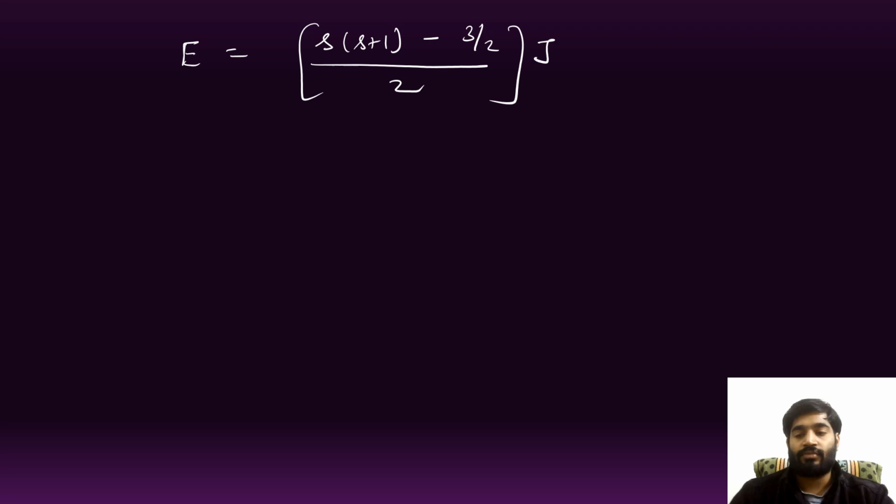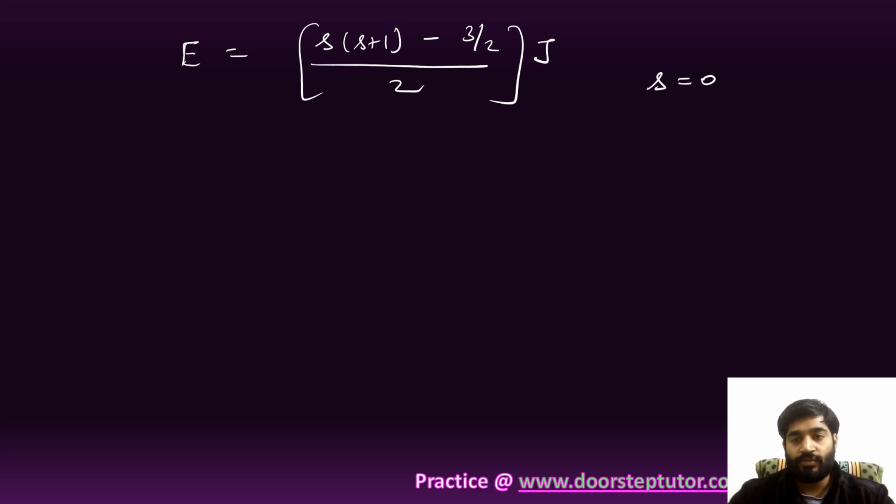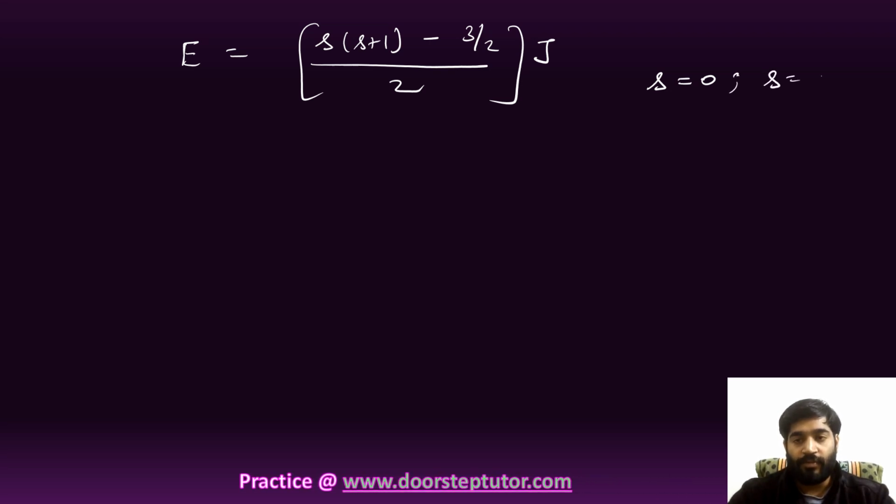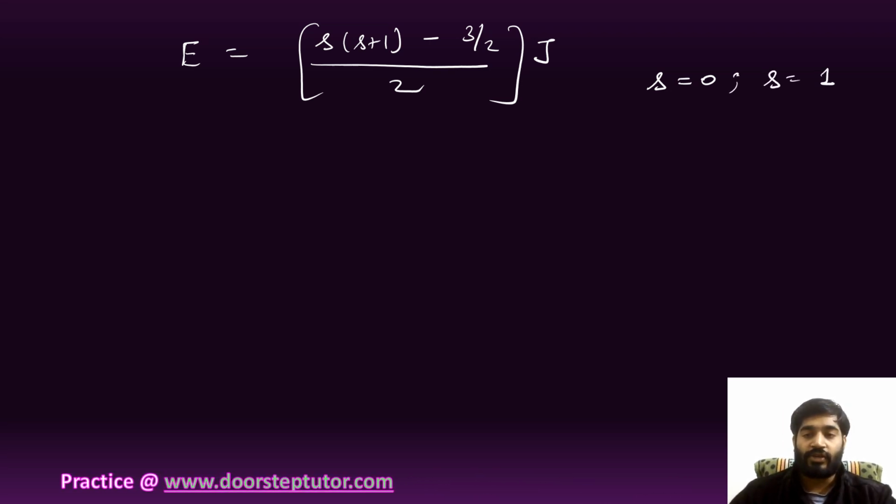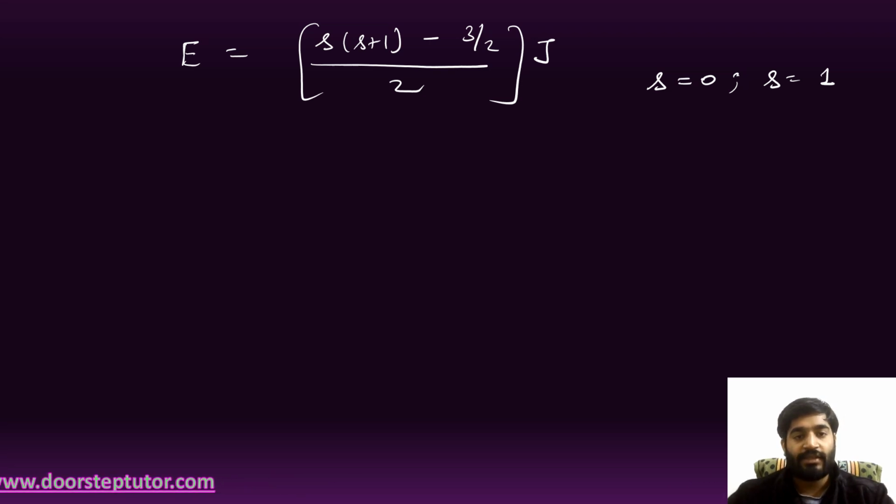Clear? So we got the value of E as J times S into S plus 1 minus 3 by 2, over 2. Now you can put the value of S equals 0 and S equals 1, because the two electrons can occupy two sites, that's why.